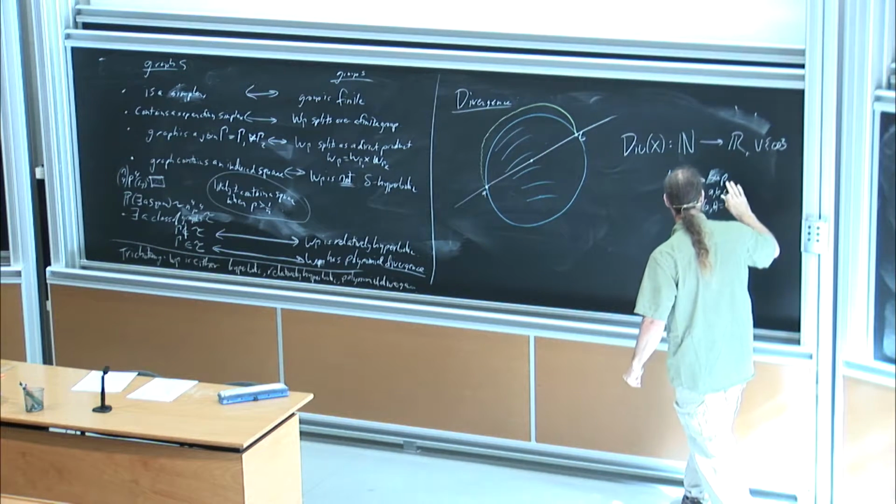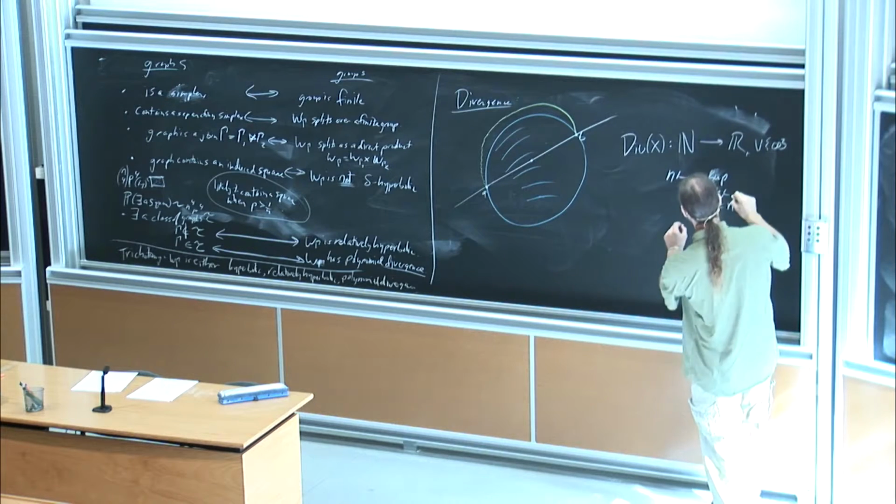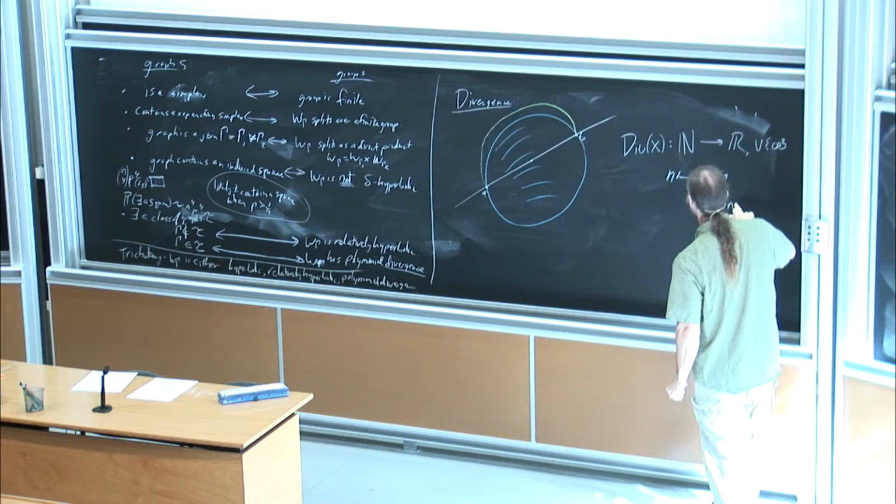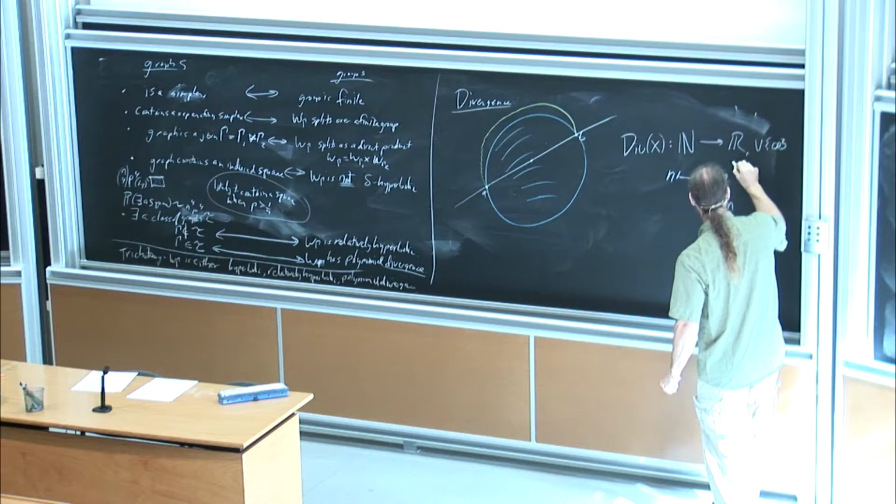And C is arbitrary. So you look over all possible C, and you measure the distance.